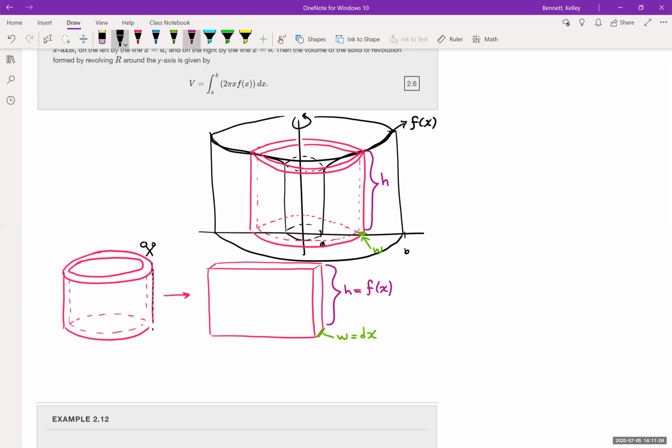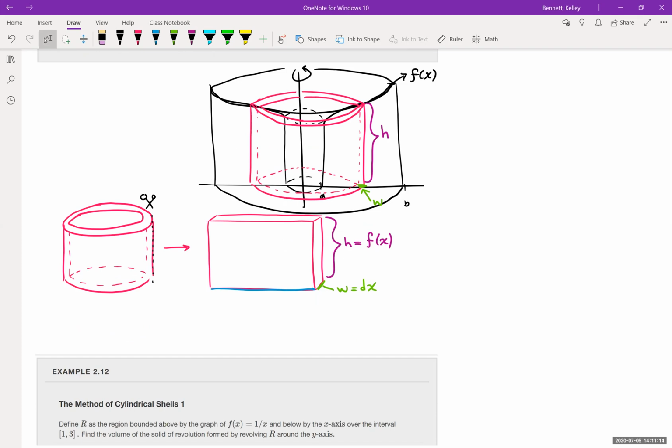Along the bottom is the length of your flattened toilet paper roll. The length is really the circumference of this circle, so it's 2 pi times the radius, where your radius is the distance from the center of that circle out to a certain x value.